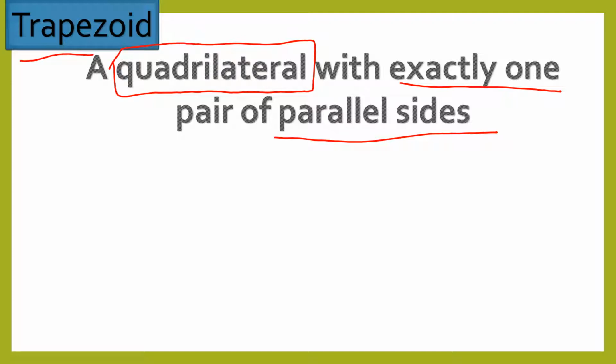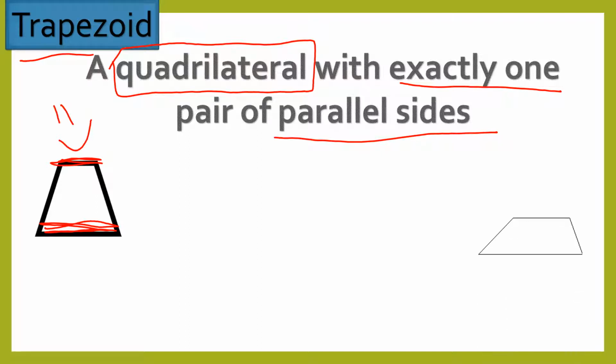Now let's practice. Is this a trapezoid? Does it have 1 pair of parallel sides? 1 pair right here. These guys are parallel, so yep, you are a trapezoid. Next. Let's check this guy first. Does this guy have 1 set of parallel sides?